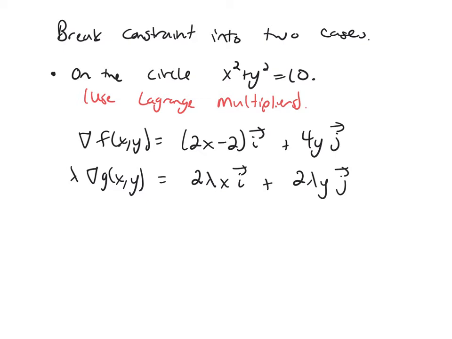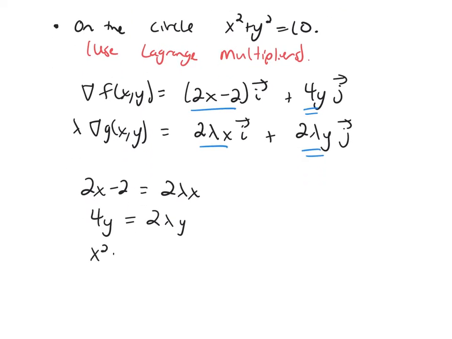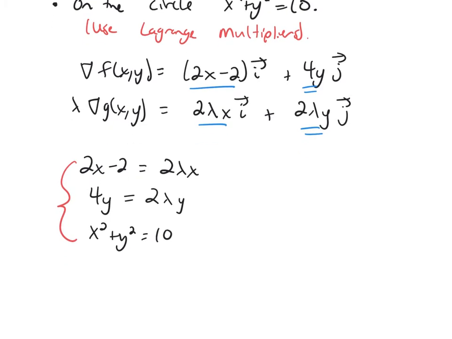And now we're going to write down our system of equations. We're going to set the i components equal, set the j components equal, and then our constraint equation, which is x squared plus y squared equals 10. So here's our system of equations now. Take the second equation.